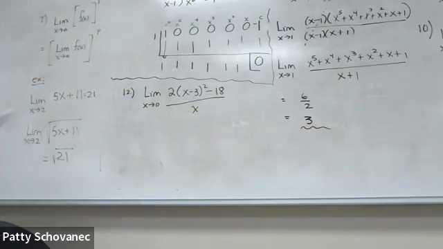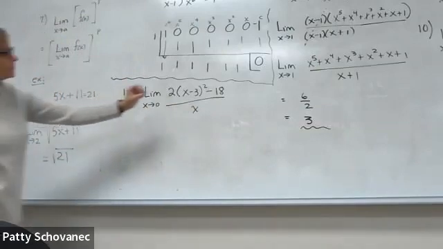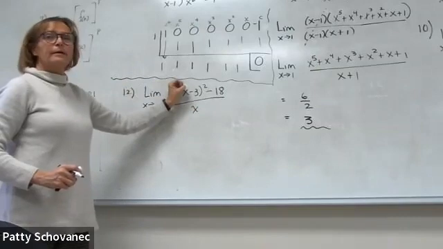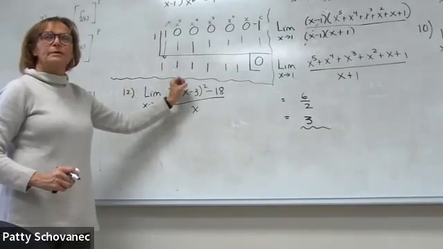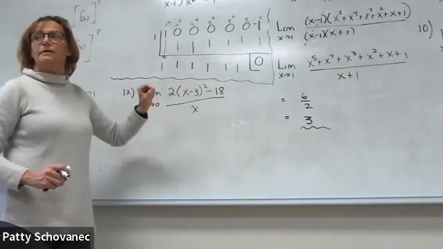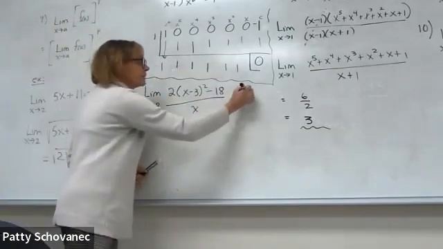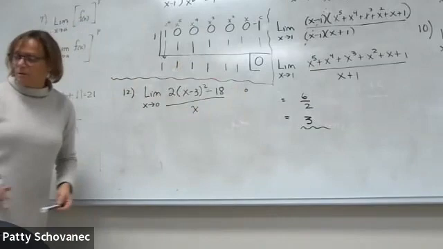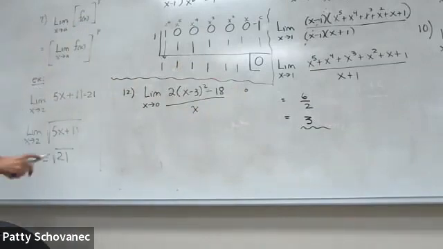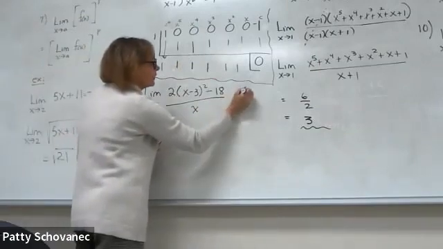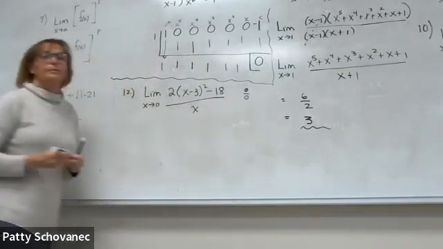So what's happening to this expression when x is equal to 0? 0 there. I get a -3 in the parentheses. -3 squared is 9. 2 times 9 is 18. Minus 18 is 0. Put a 0 for x on the bottom, and I get 0. You've got to do some more.